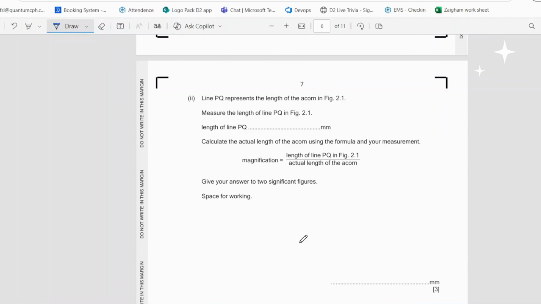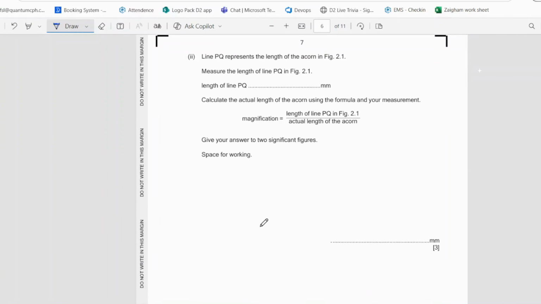Okay, the question is to calculate the magnification. Now, since you have your own diagram, you can. Okay, I'm giving you the length for this PQ. The length for this PQ, for me, is 82 millimeters. What is the height of your drawing?